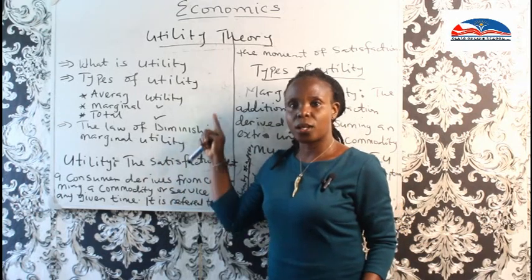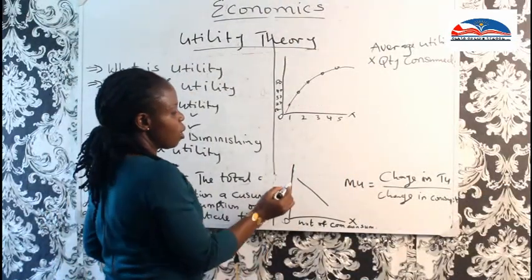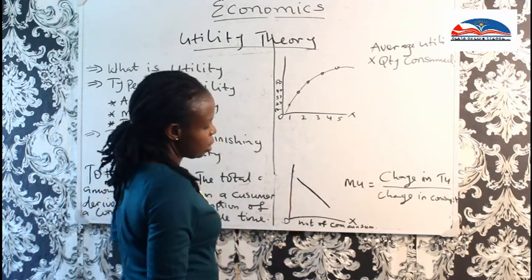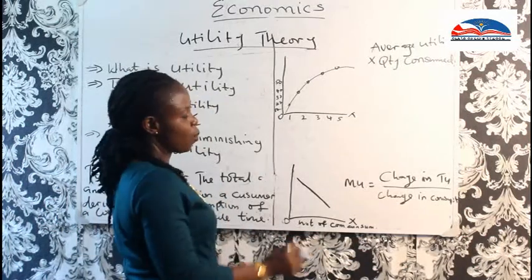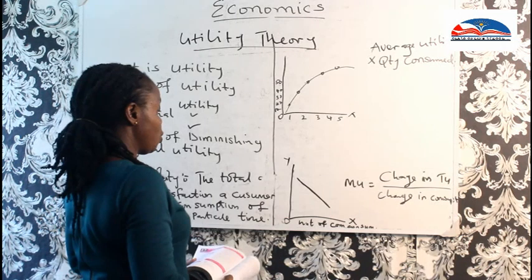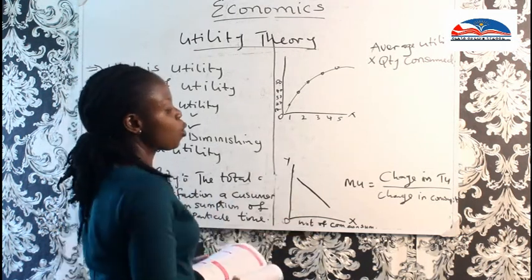Under marginal utility, this is the curve representation of marginal utility, with the x-axis and the y-axis. Here we have the utility units, and we have the units of consumption.